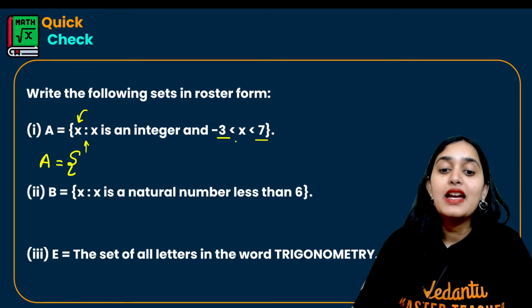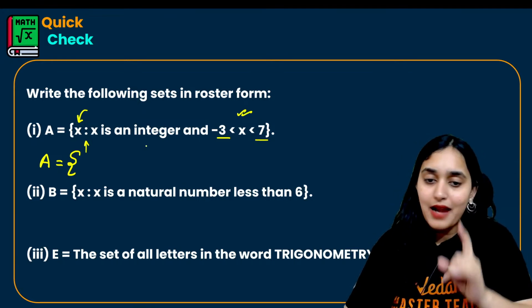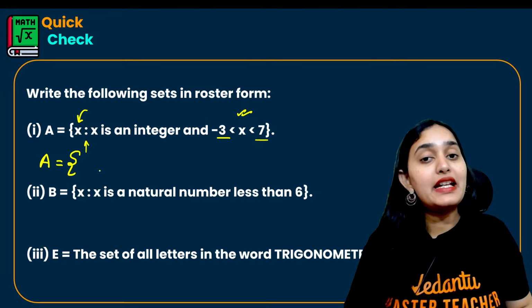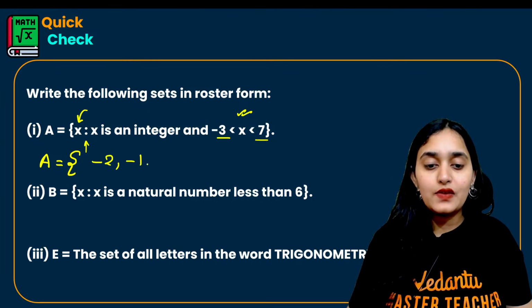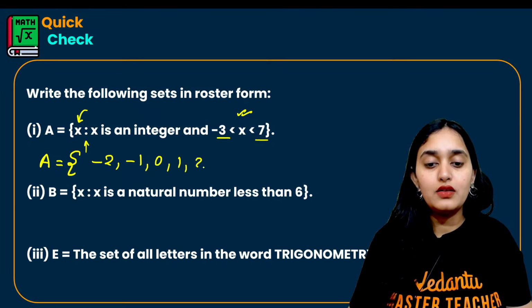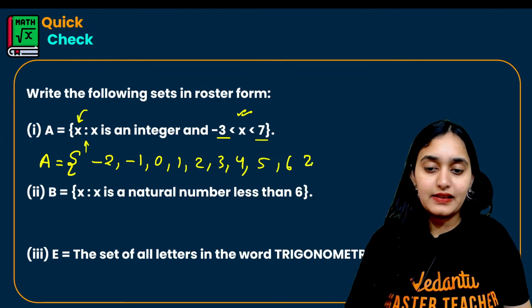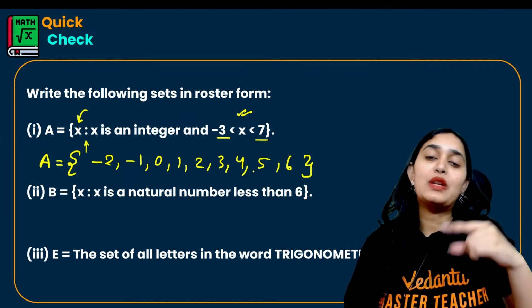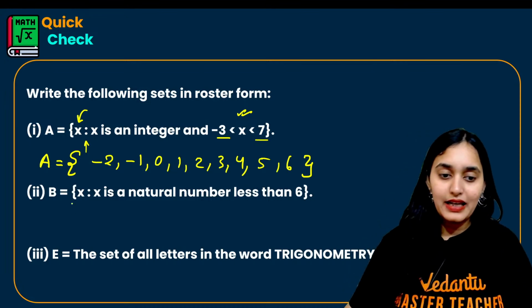It is basically the integers between -3 and 7. What are the integers between -3 and 7? -2, -1, 0, 1, 2, 3, 4, 5 and 6. We will not include -3 and 7, right?